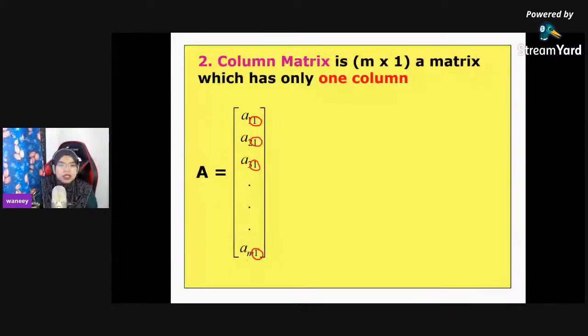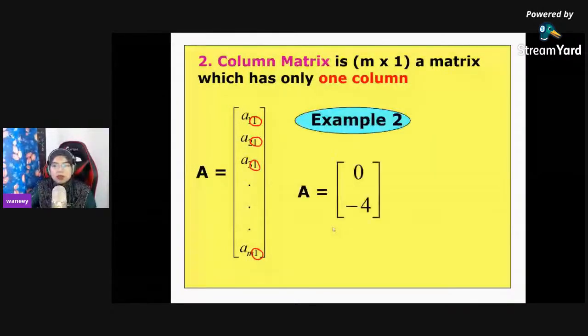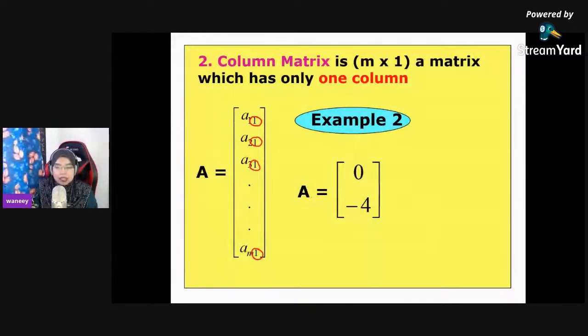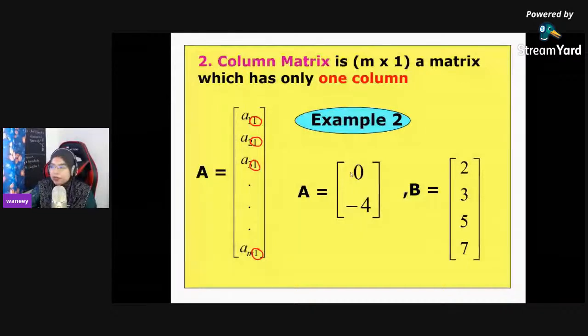This is the first row, second row, third row, up until the m-th row. An example might be A, 0, -4, and another one, B, 2, 3, 5, 7. This is also a column matrix.